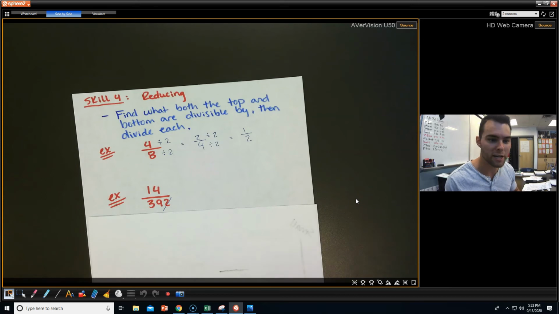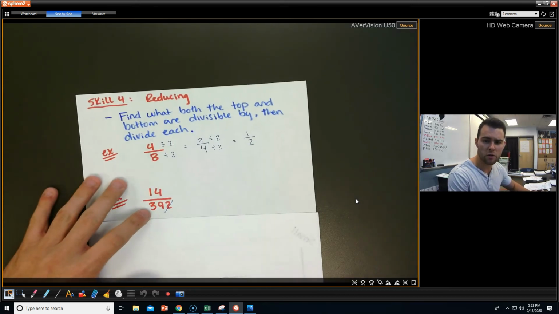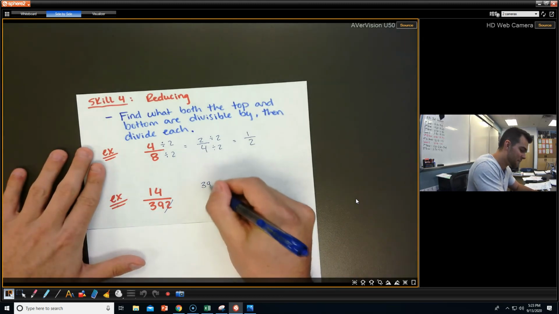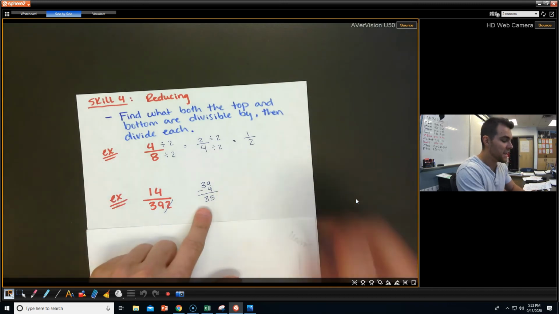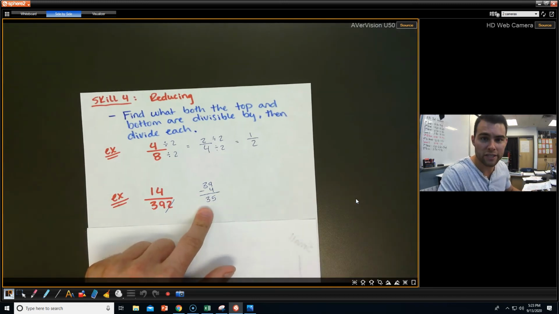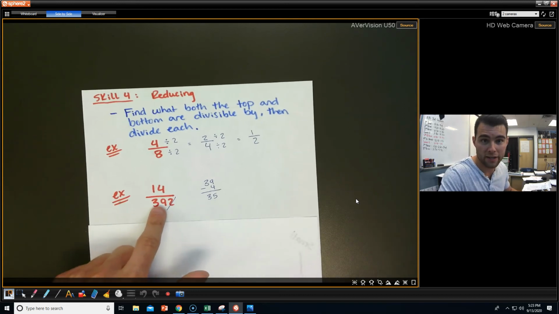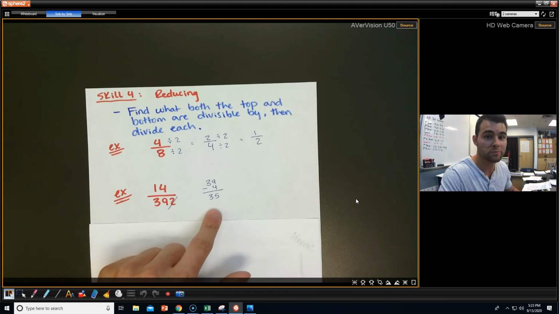Doubling 2 is 4, and then I subtract that from whatever's left over. So I do 39 minus 4, and I get 35. Is 35 divisible by 7? Because if it is, this original number, 392, is divisible by 7. And yeah, 35 is divisible by 7.